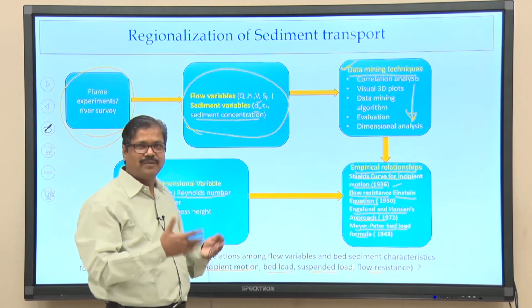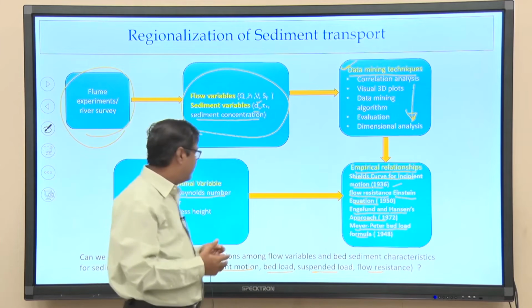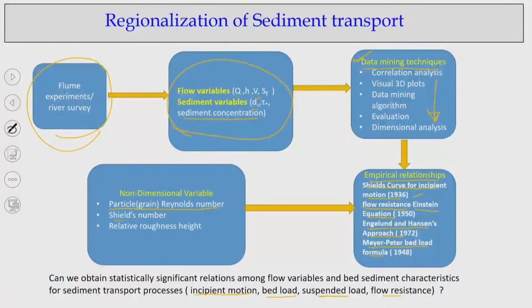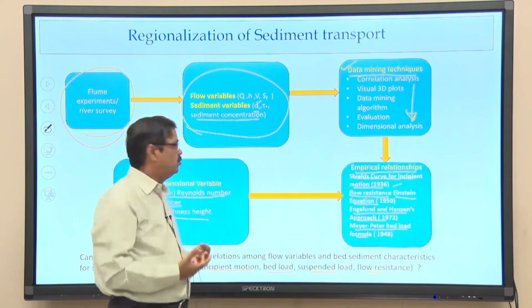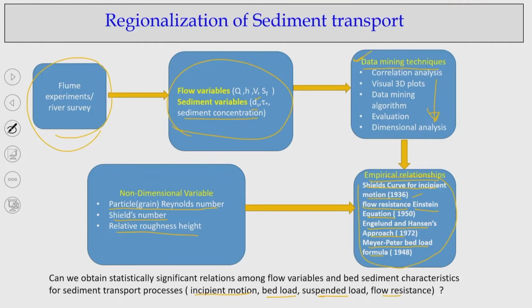They are both the same, but many books put particle Reynolds number or grain Reynolds number, the Shields number, the Einstein parameters. So, many new non-dimensional forms were introduced to establish these empirical relations, even with relative errors.